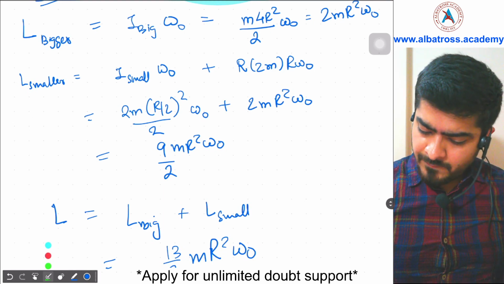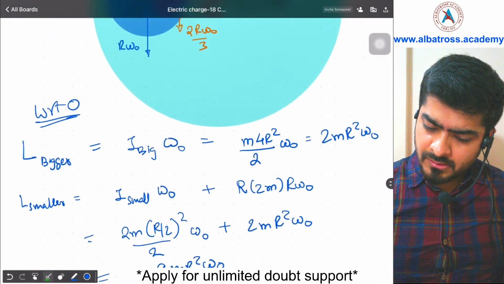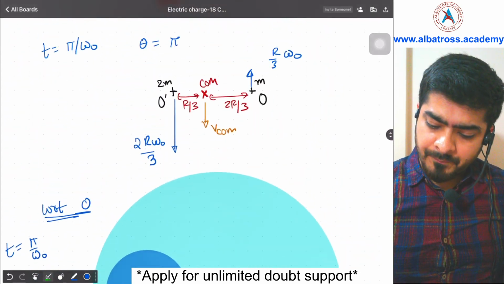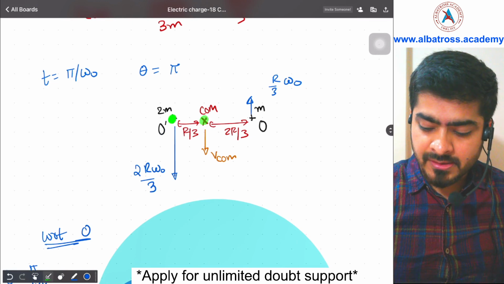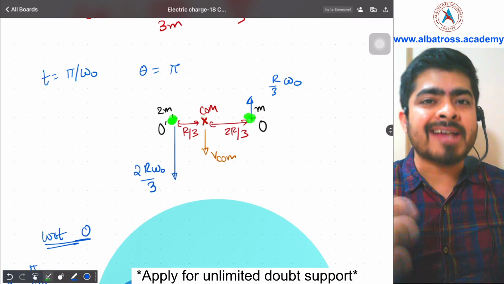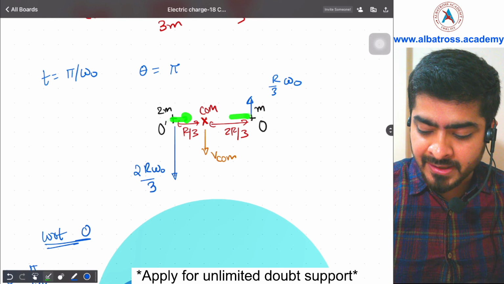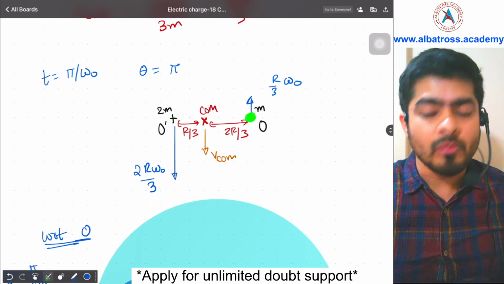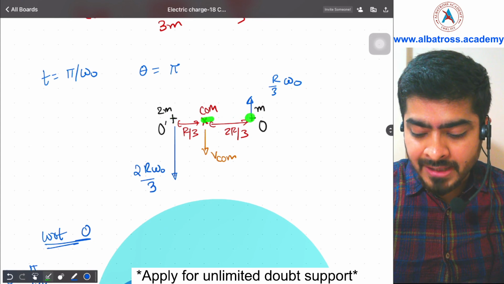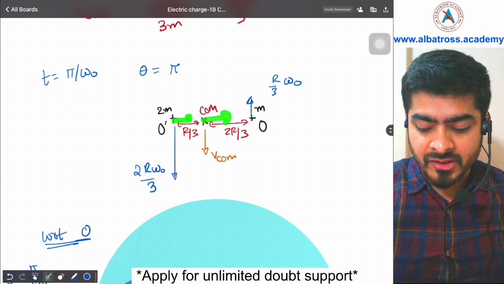And if you think about something, if you look with respect to center of mass, these 2 points are accelerating, but their acceleration is towards the center of mass. So when you look at the system with respect to point O, the pseudo force will be acting in this direction.